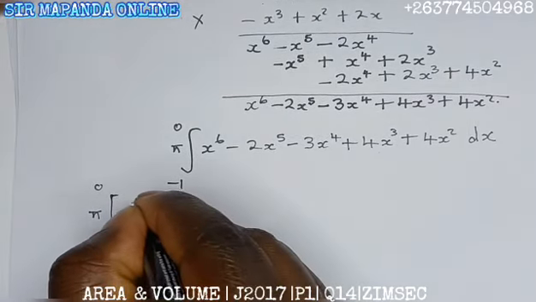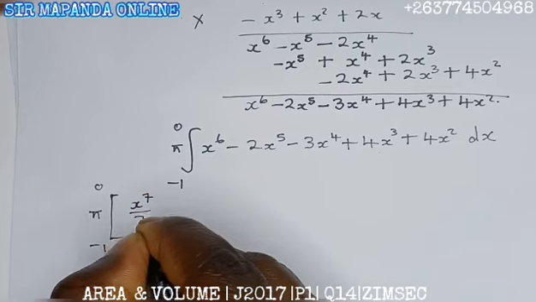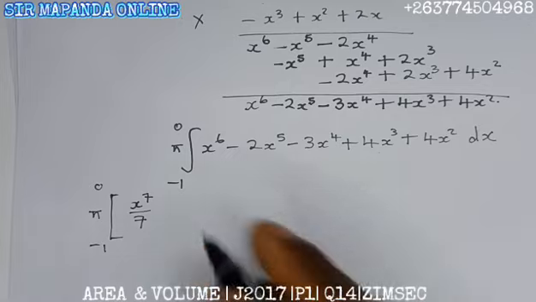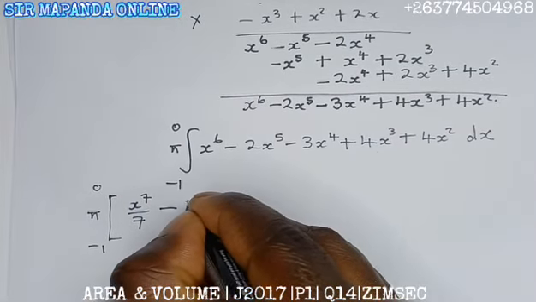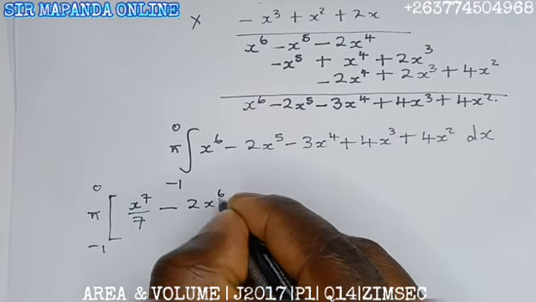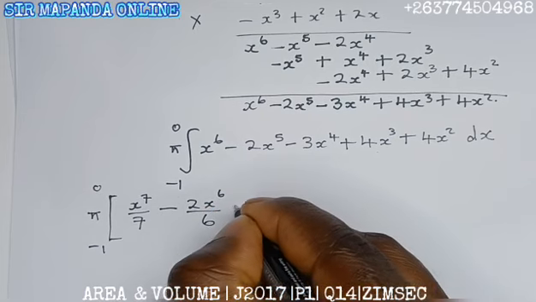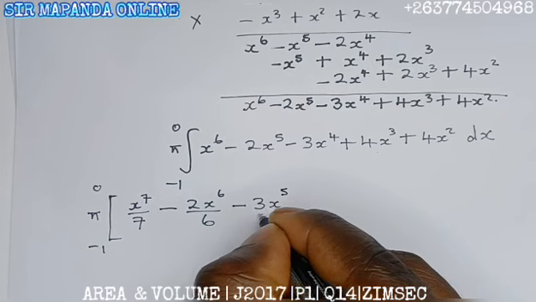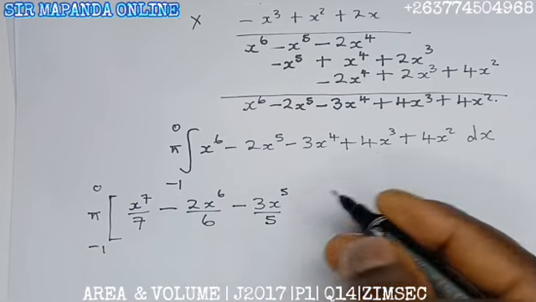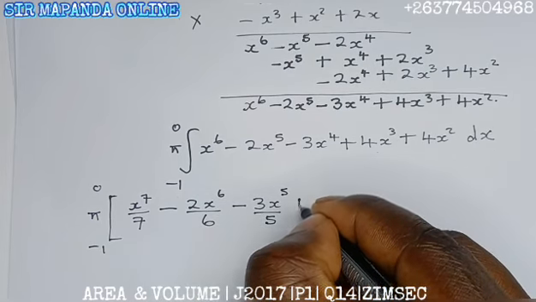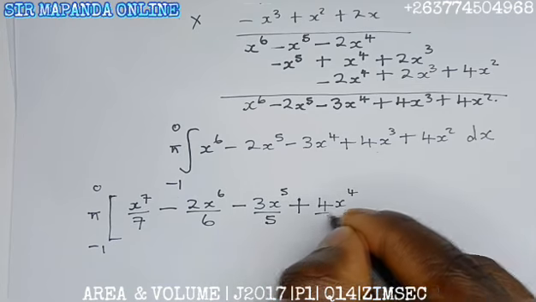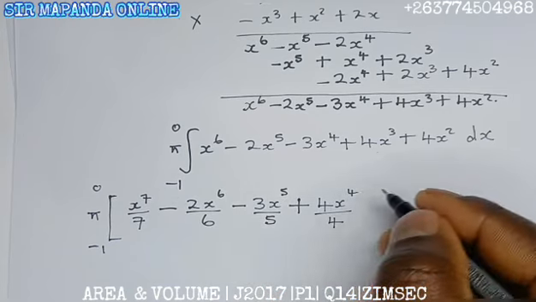So here you get x to the power of 7 over 7 if you integrate x to the power of 6. Then on this one, you have minus 2x to the power of 6 divided by 6. You have minus 3x to the power of 5 divided by 5. On this one, you have 4x to the power of 4 divided by 4.